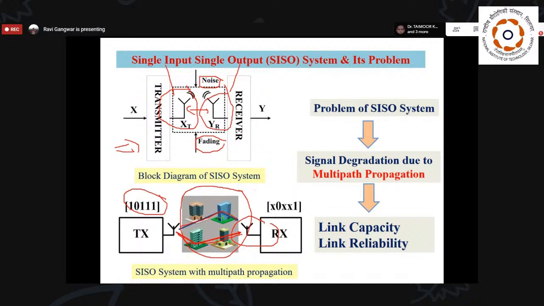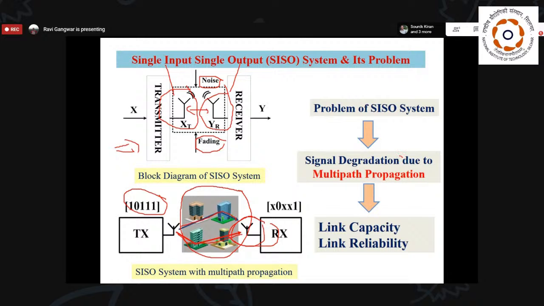So what happens at the receiver side is that the signal travels along more than one path. At the receiver side, the signals arrive at different time slots with different characteristics because of the noise and fading available in the medium. Due to that, at the receiver side we have the problem of interference, which arises due to multipath propagation.